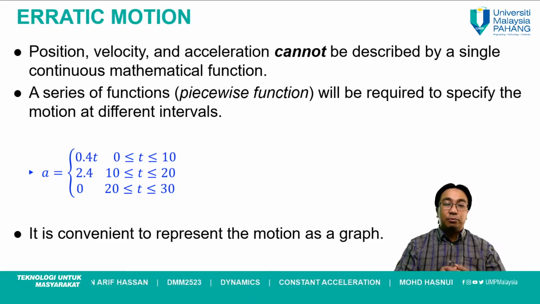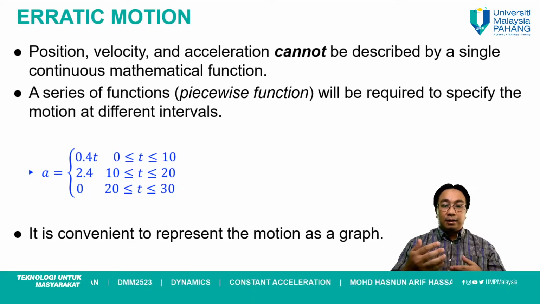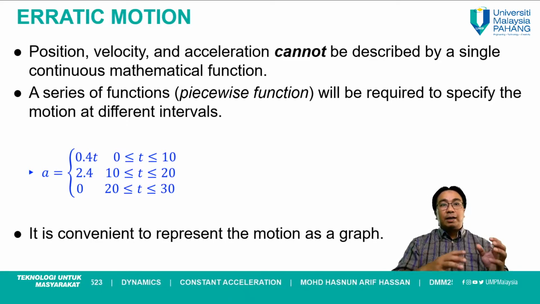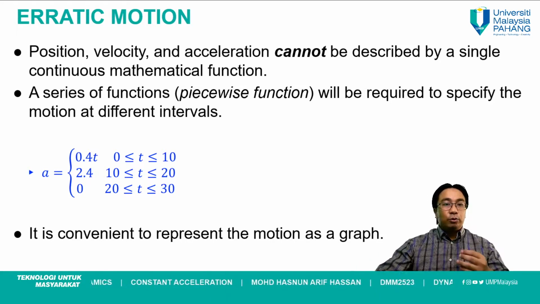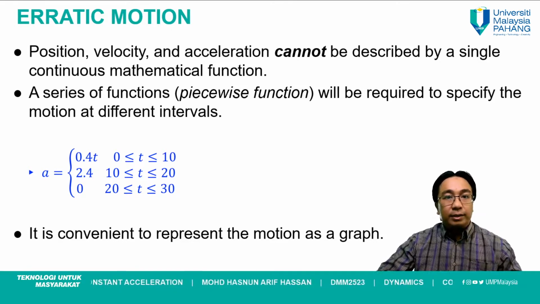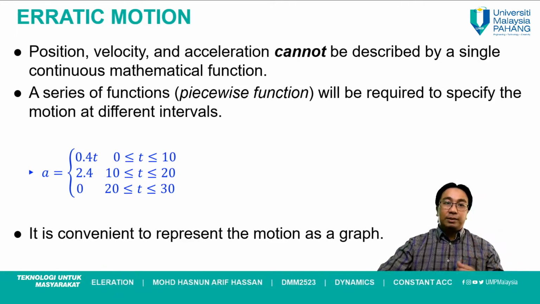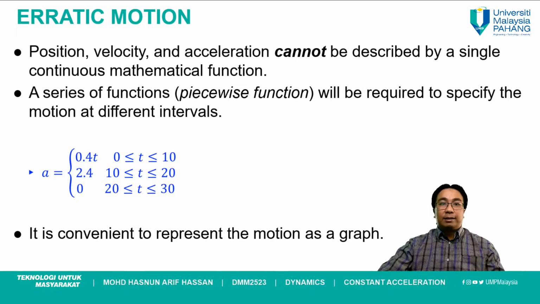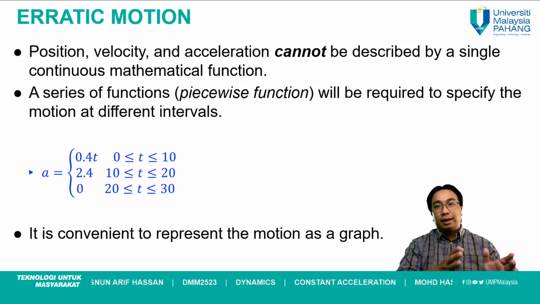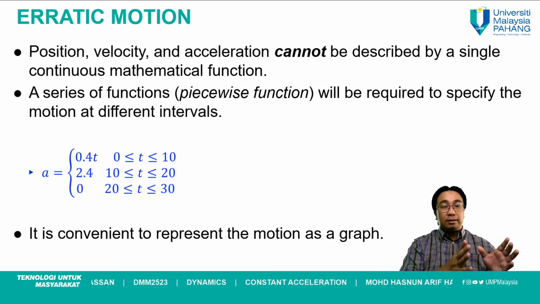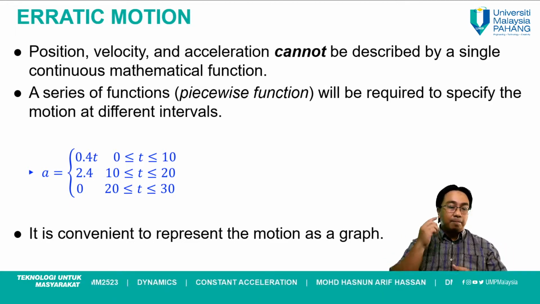So erratic motion can basically be defined as changing motion. We actually did an example in the previous class. You remember the train. The train moves from station A to station B, and we had three phases of the motion.